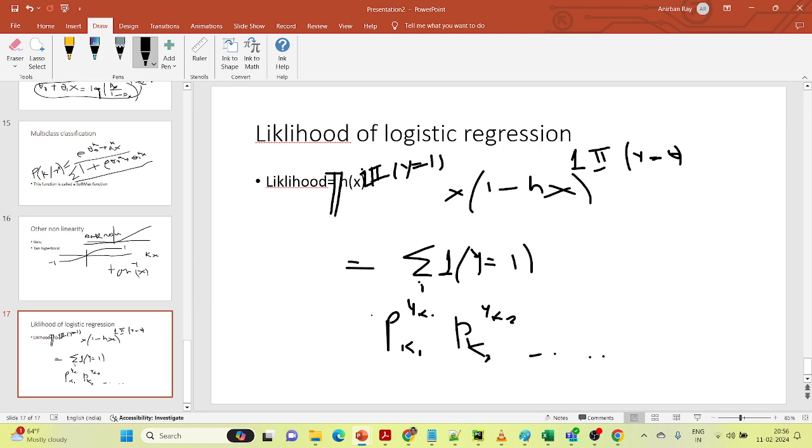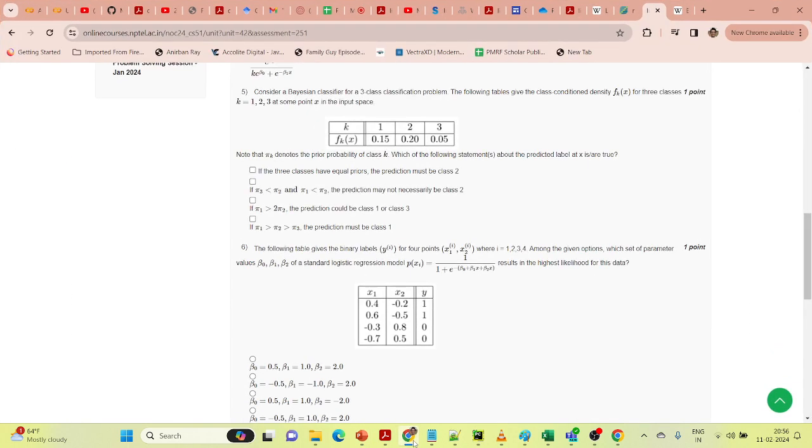This is for multi-class, a product over all training examples. This is the likelihood for that.